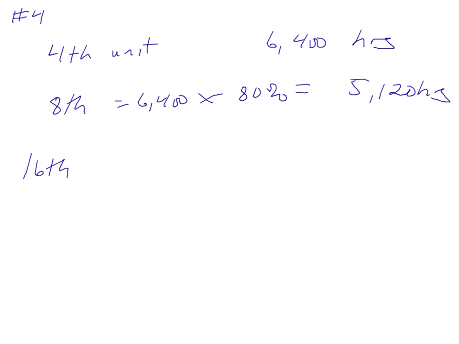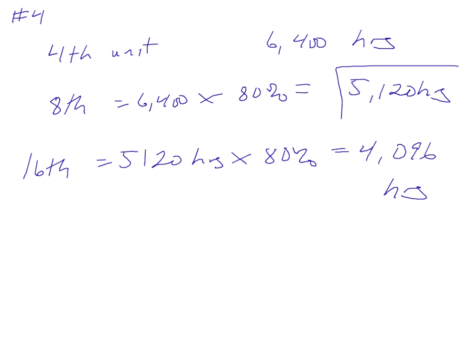And then for the 16th unit, because remember you're always doubling, you double whatever level you're on, you double that number to get to the next level. So to produce the 16th unit, you do 5,120 hours times 80%, and you get 4,096 hours. So your answer to produce the 8th unit, it took you 5,120 hours, and to produce the 16th unit is 4,096 hours.